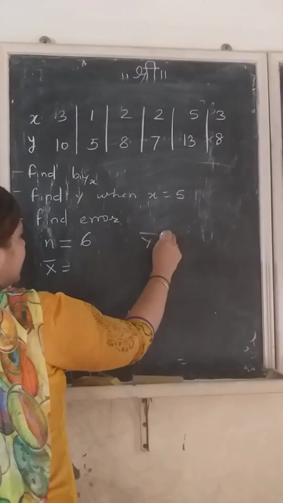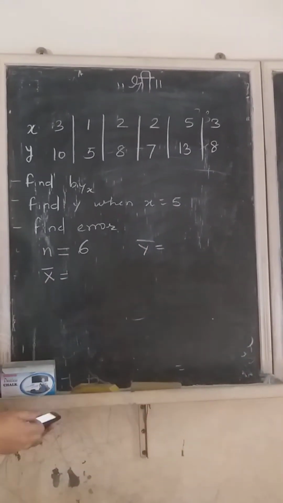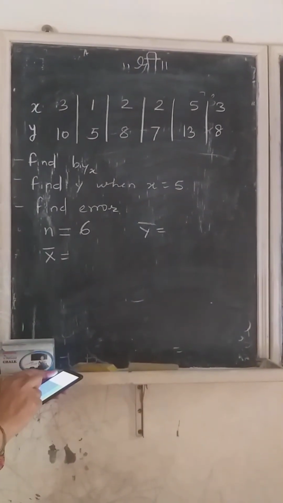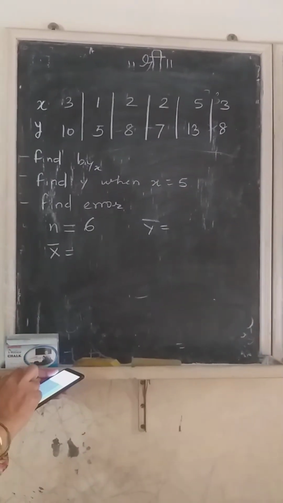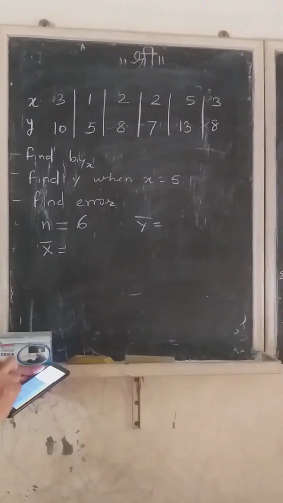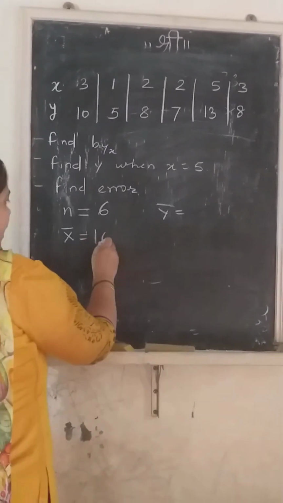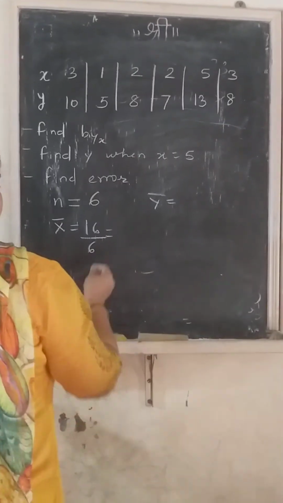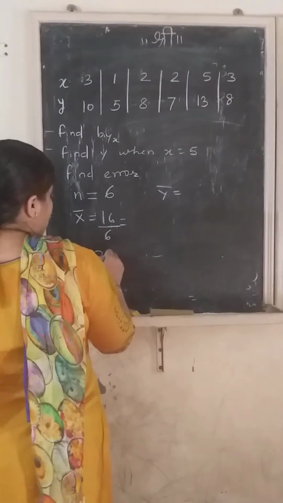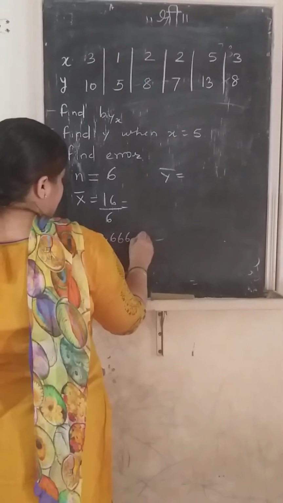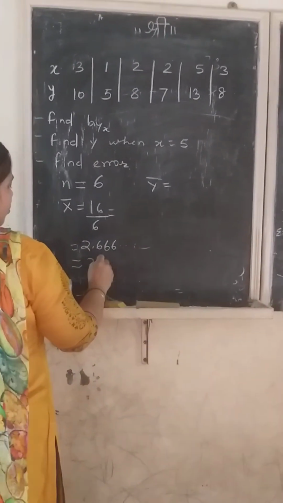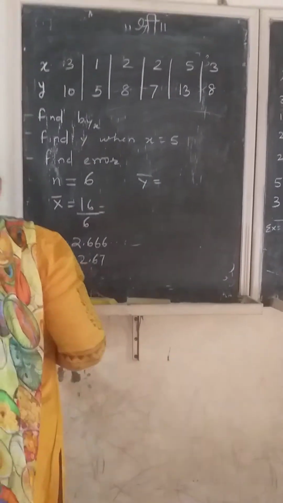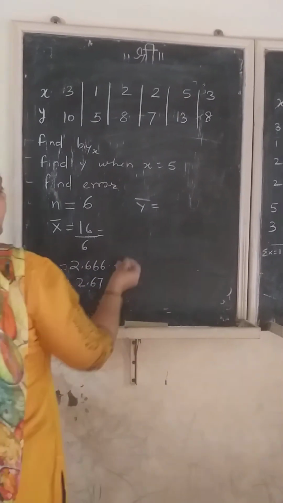So let us find the calculations. 3 plus 1 plus 2 plus 2 plus 5 plus 3, that comes out to be 16 upon n, that is 6, and it comes out to be 2.666 recurring. So I can equate it to 2.67.